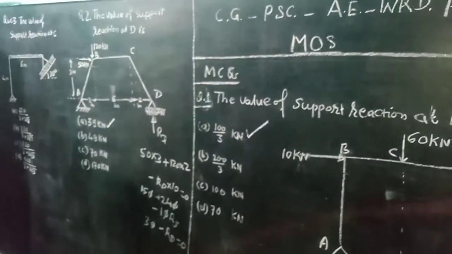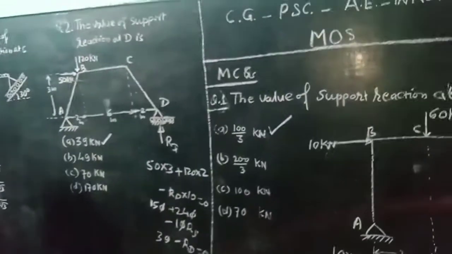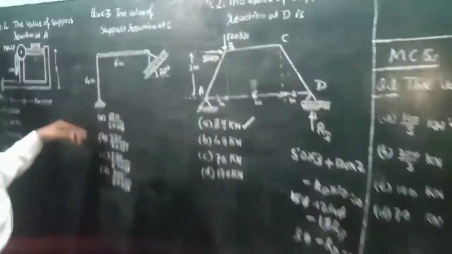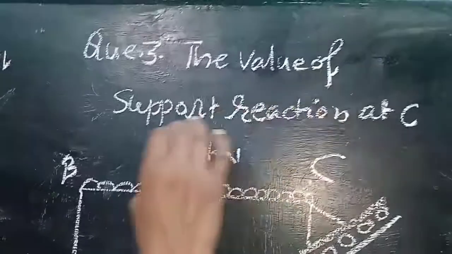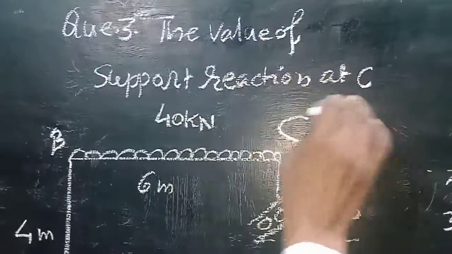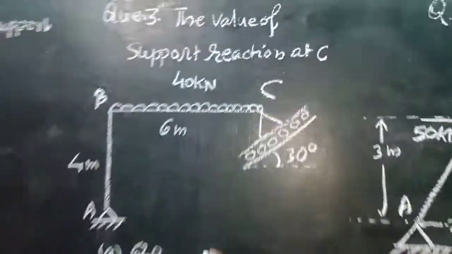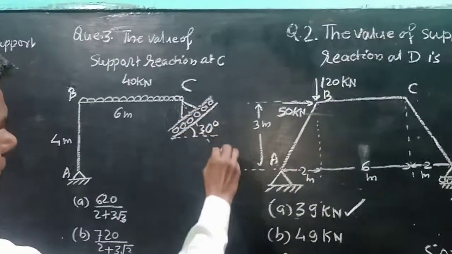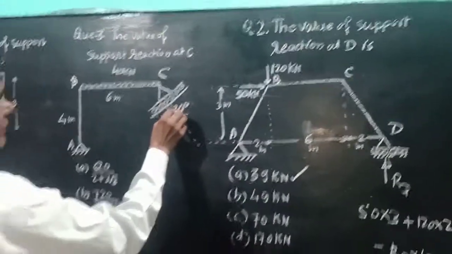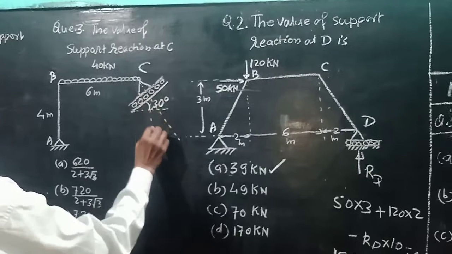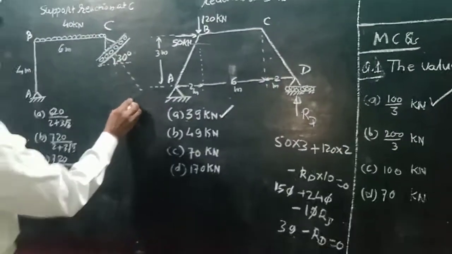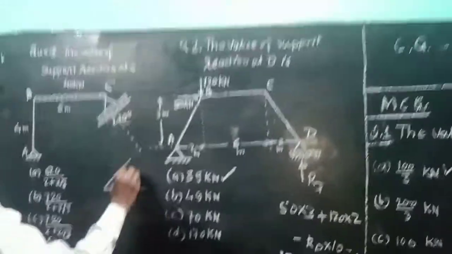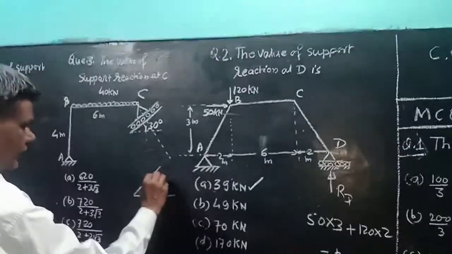kilonewton. Another question, this is question 2. Find the value of the support reaction at C. This is point C. This is applied at an angle; this is 60 degree, but this angle is equal to 30 degree, because this is 90 degree.